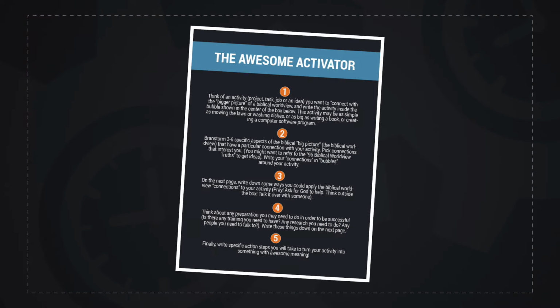It's not enough just to see it a certain way. You want to move them to certain action steps that align with that seeing. So the Awesome Activator, it's a 2-page mind mapping exercise. If you're an educator, you know what mind mapping is all about. The first page looks like this, and at the top you'll find some instructions.